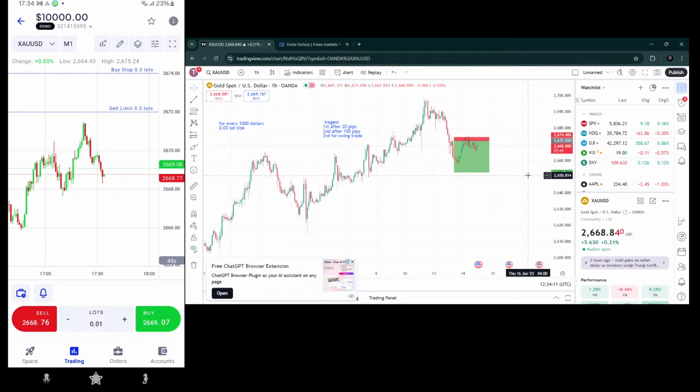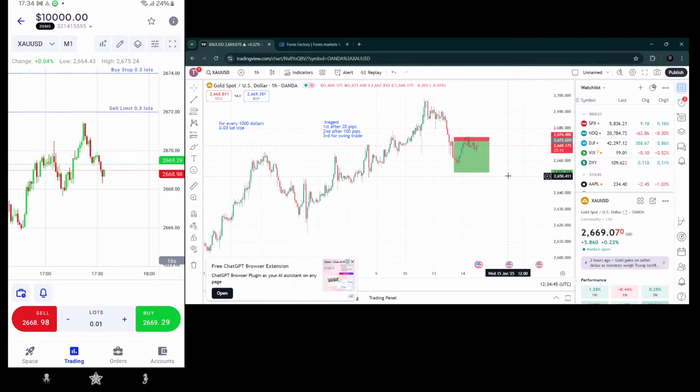And also remember this 2650: if the market is above this, you should mostly go for the buy. There is support everywhere, whether the market is at 2550 or 2450, but this is the main point. If the market is down from 2650, like 48, 47, then it's a proper sell.